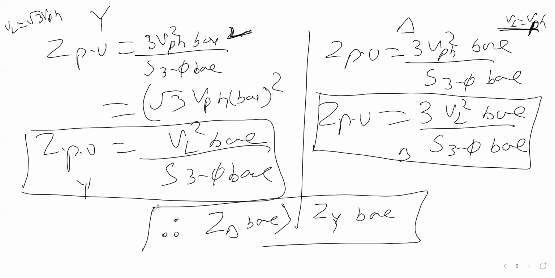So this is the small modification in your delta. We could conclude that this delta base is always greater than your Z per unit in star base.